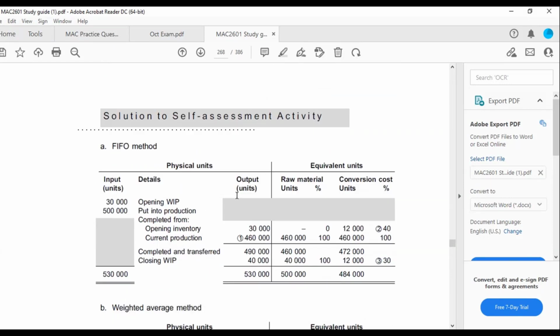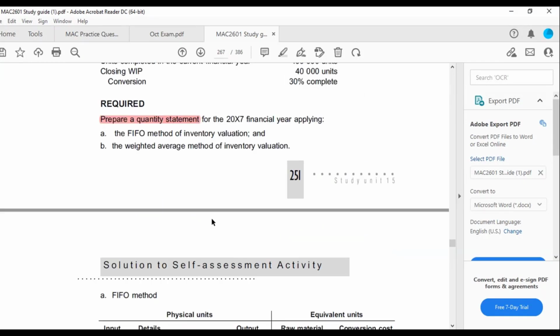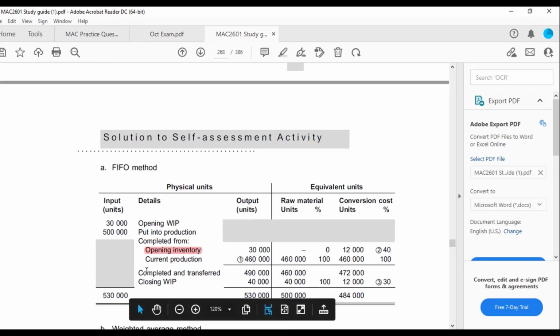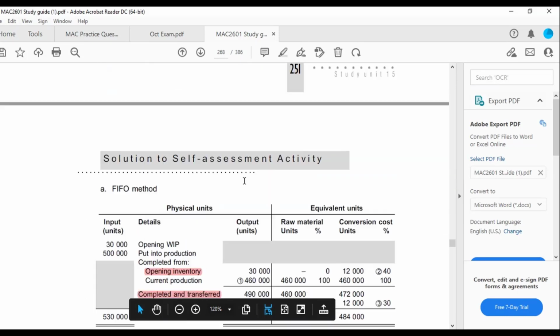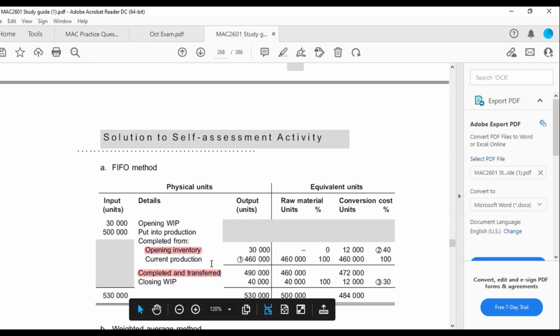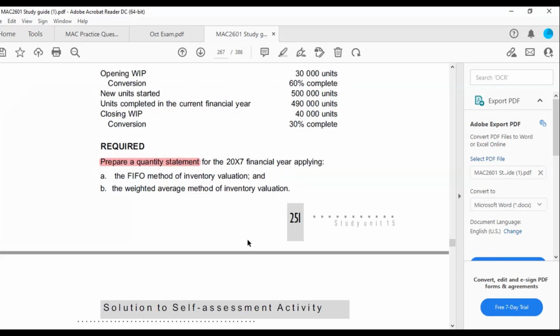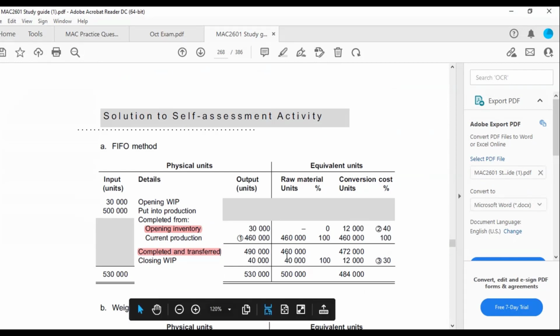Now, when it comes to the output portion, you have to show what was completed under the previous period, being the 30,000, and you know what your completed and transferred were, that 490, and we know that the balancing figure is what was completed in the current production. Then closing WIP is the 40,000. So are we all comfortable with the output portion?